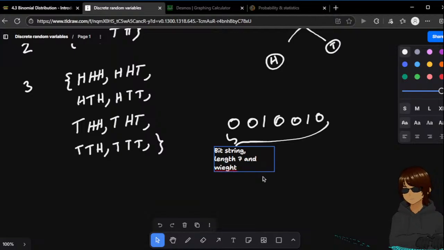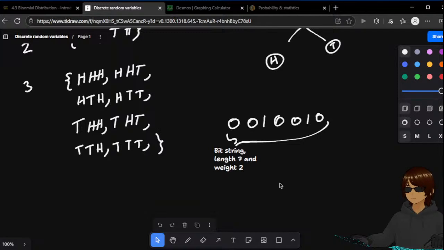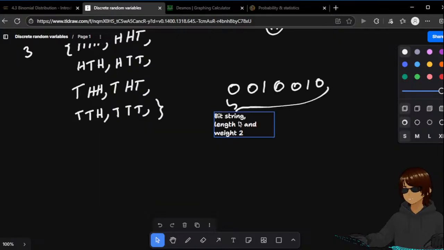And we also said that the number of bit strings of length n with weight k is n choose k.